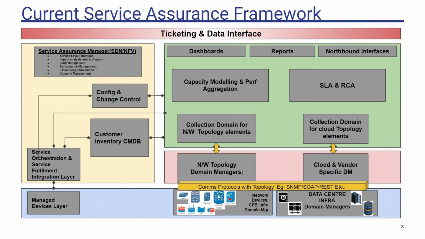All right. Both these major blocks, the SDN and the legacy, go on to the ticketing and the data interfaces. Now, what is the ticketing and data interface? Ticketing is where the network operation center, when it sees that a fault has occurred, let's suppose in Arizona, there is some person physically present in Arizona as an agent, and they need to ask him to do some things.